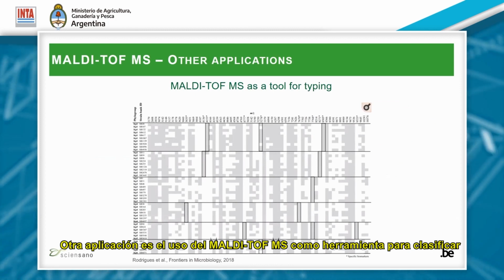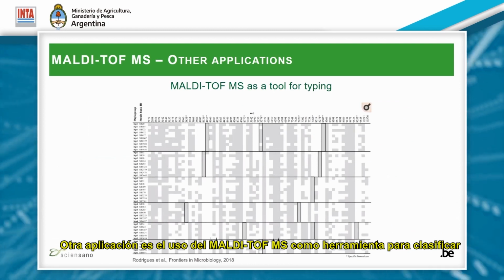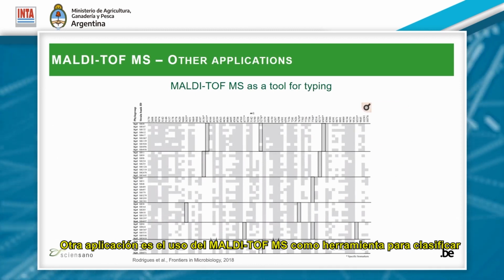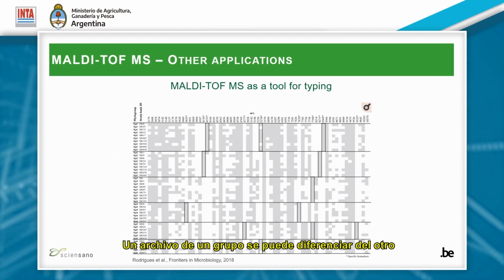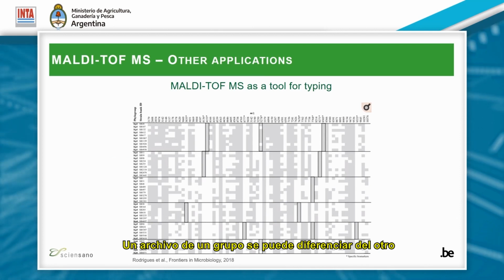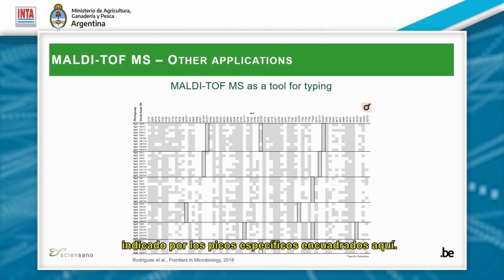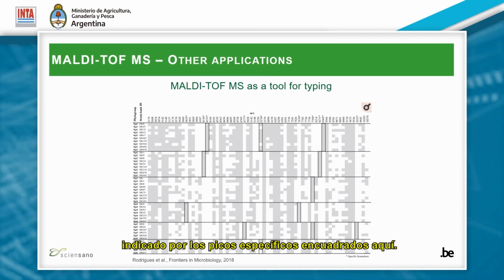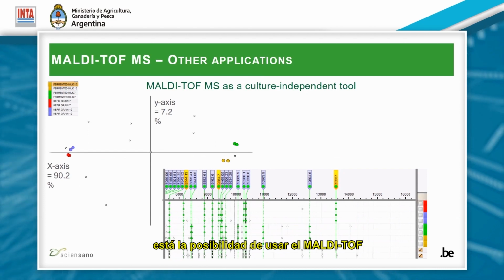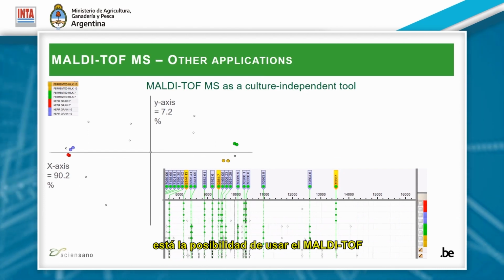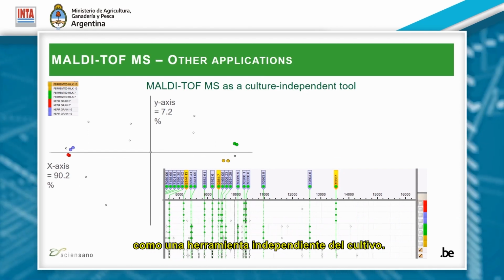Now, another application is the use of MALDI-TOF MS as a tool for typing. Here, an example of Klebsiella pneumoniae. Different phylogroups can be differentiated one from another, indicated by the specific boxed peaks here. And then a last application: there are possibilities to use MALDI-TOF as a culture-independent tool.